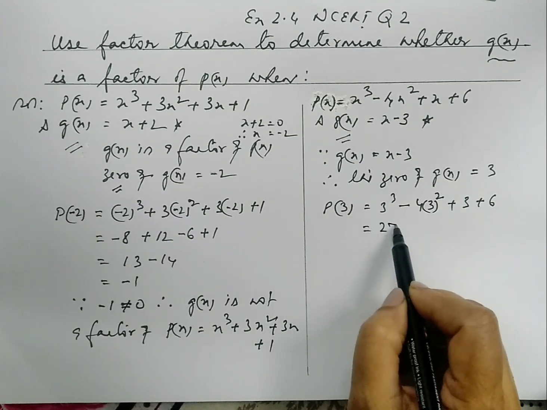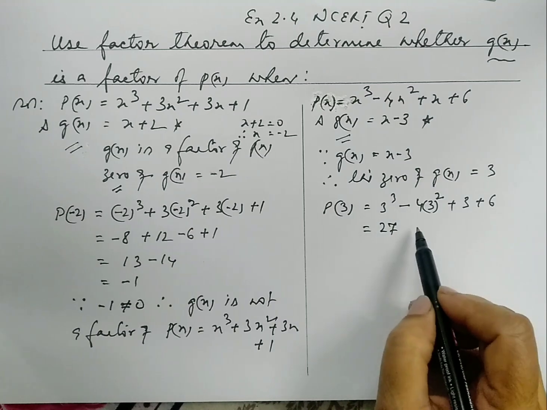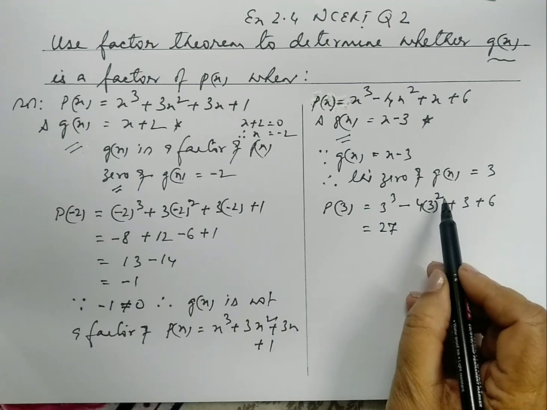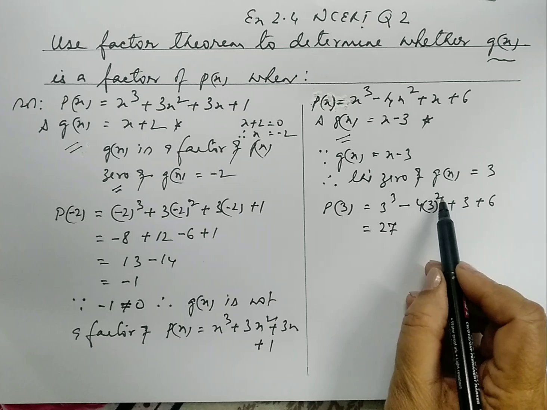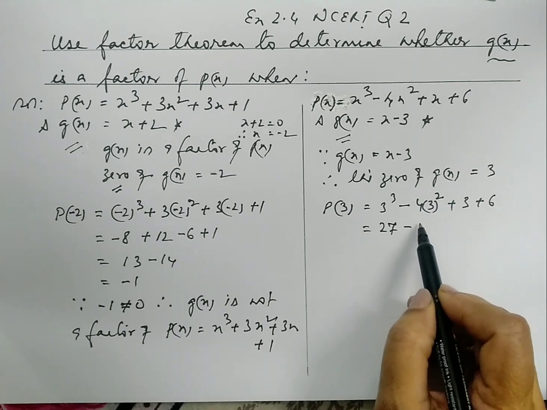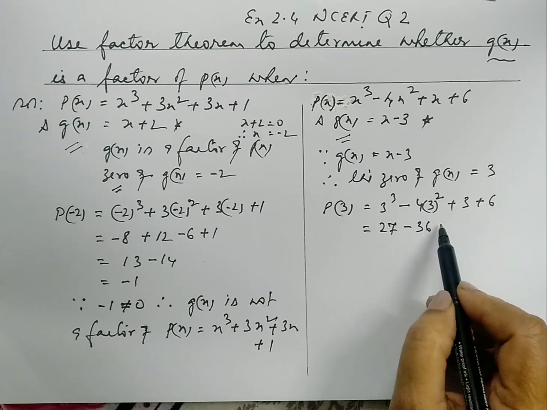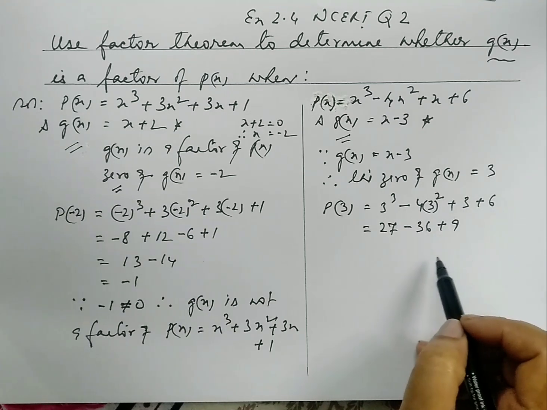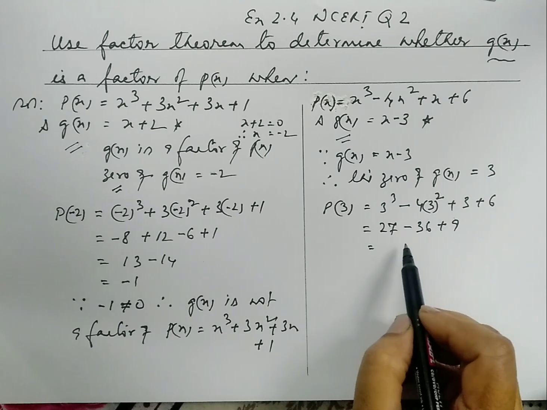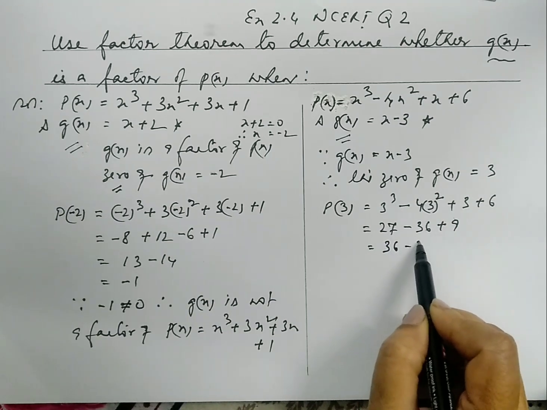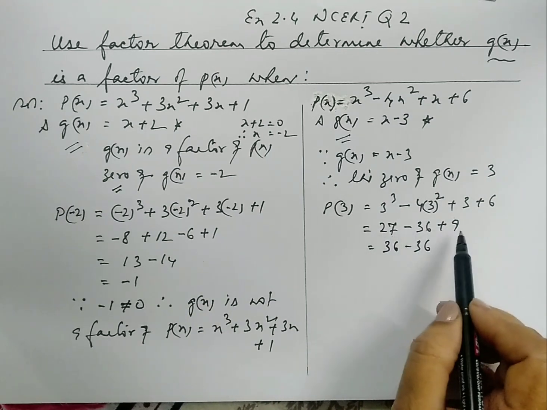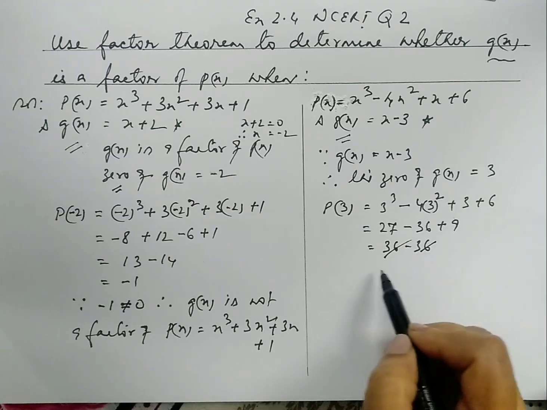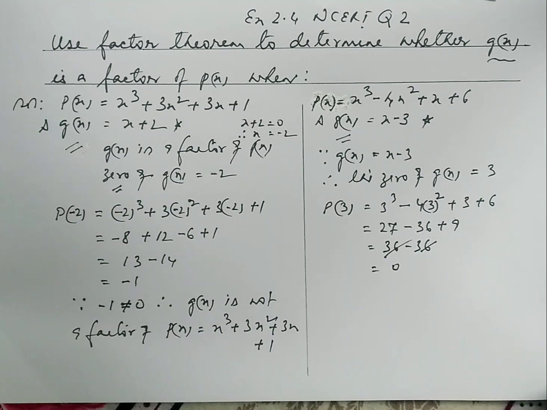So this will be 27 clearly. 3 cubed is 27. 3 into, 3 squared is 9, 9 into this is minus 36. Now this is 9, this is 36 and this is 36 too. 27 plus 9 is this. So when we cancel this, we end up getting a 0.